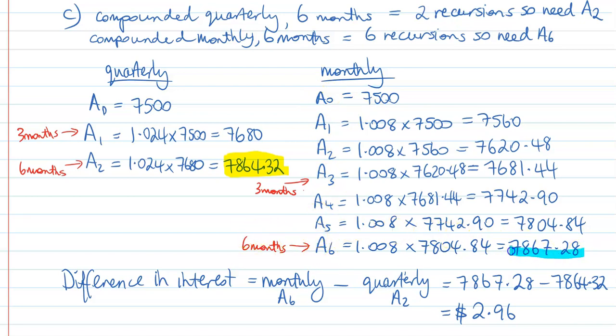And then after the 6 months, we can see the balance got to $7,867.28. So if I take those two values, I can find the difference between the two investment offers that it looks like Diego is considering. And even though the monthly one does work out to be more interest, you can see that it's not much more interest.